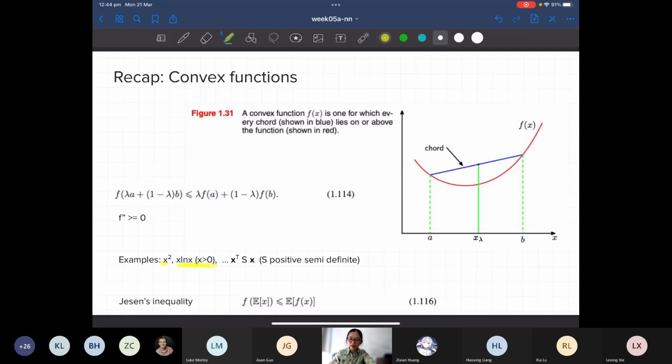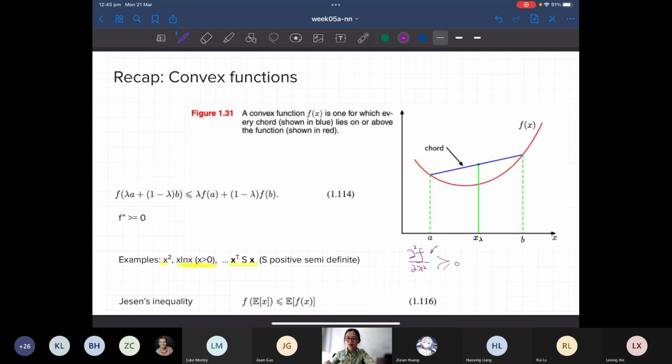And also for vector valued x, x transpose x. So the criterion for deciding whether something is convex is that the second order derivative is greater than or non-negative, where this thing can be basically the derivative or the Hessian matrix if x is a vector.